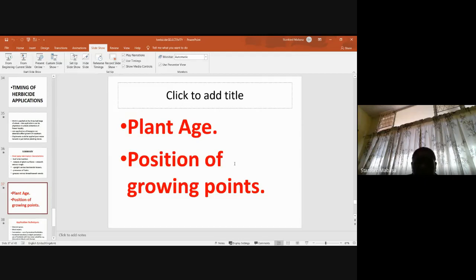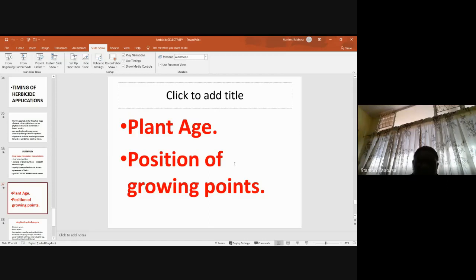Number two, plant age. We have said that young plants can be damaged by the herbicide compared to old plants. And so plant age can bring about selectivity. Then another thing which is important is the position of growing points.